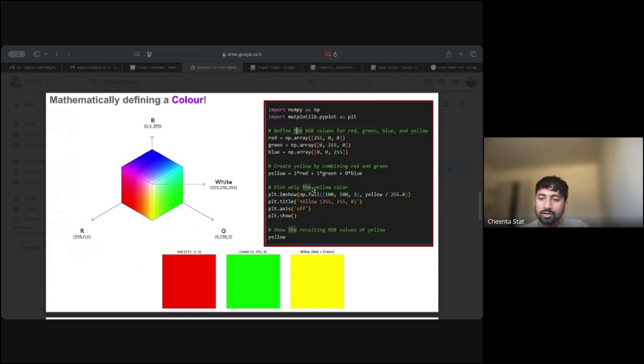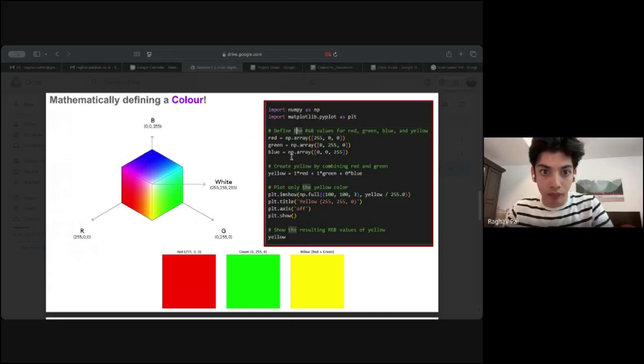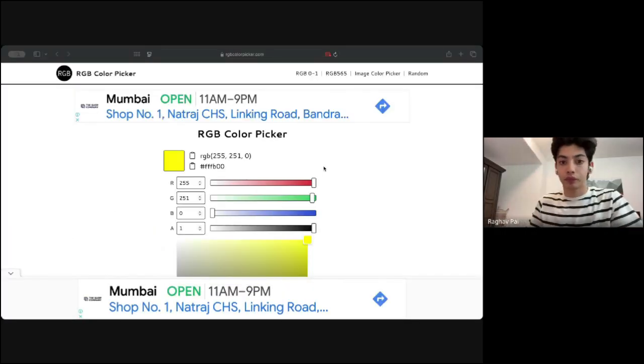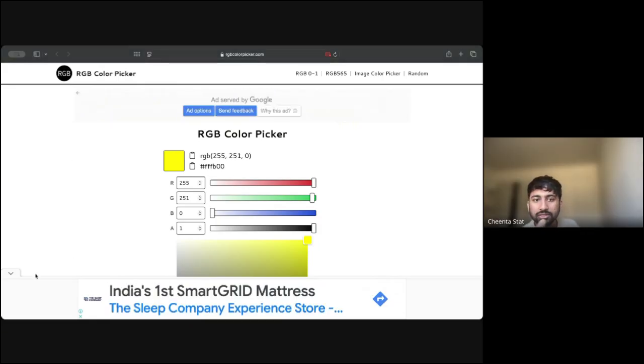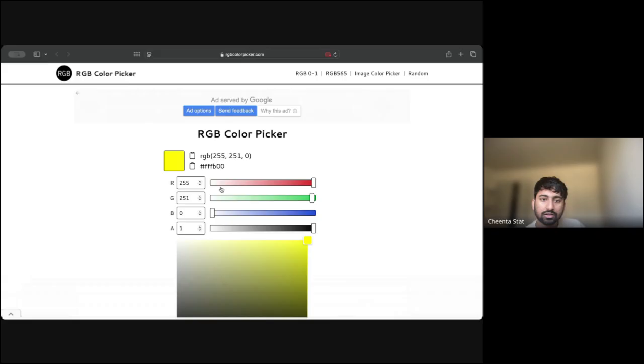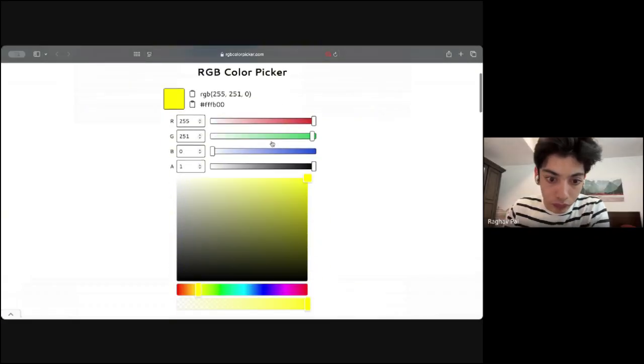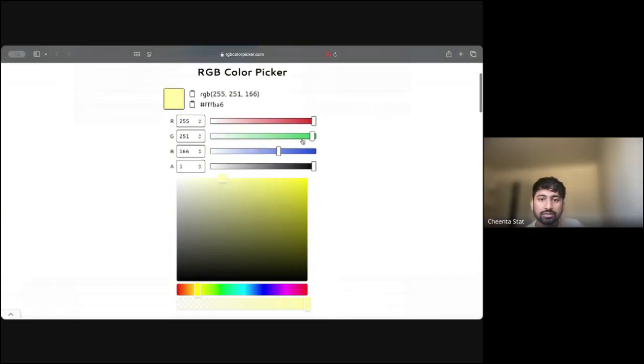Okay, I am sharing one link with you. Open it. You can play around with RGB values, and you will see that you get different colors.